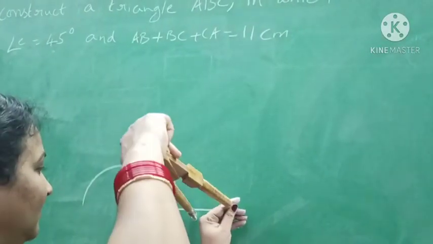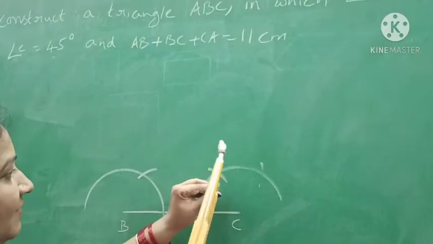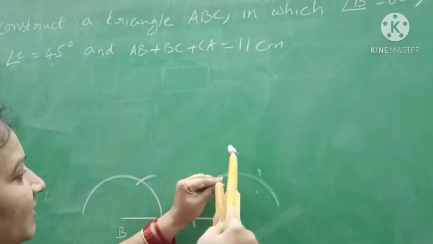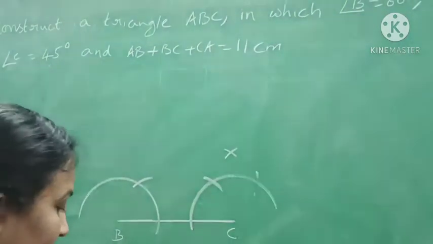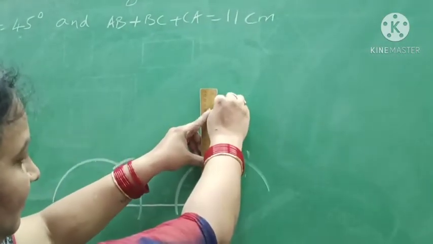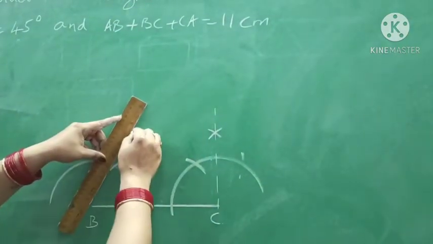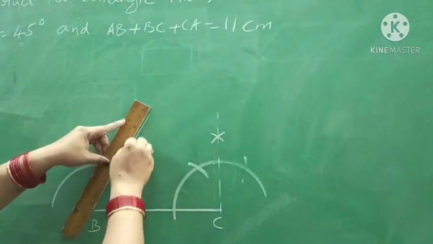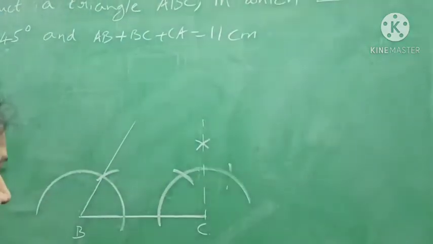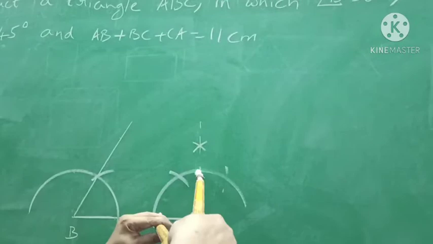So again, 60, 90, 120. 120 and 60, the bisector is 90. Now we have to draw 45 degrees, angle C equal to 45 degrees.